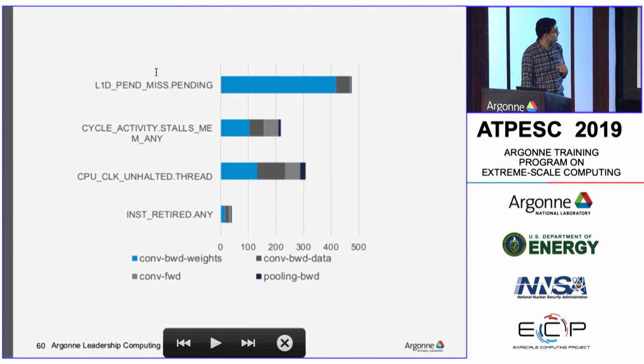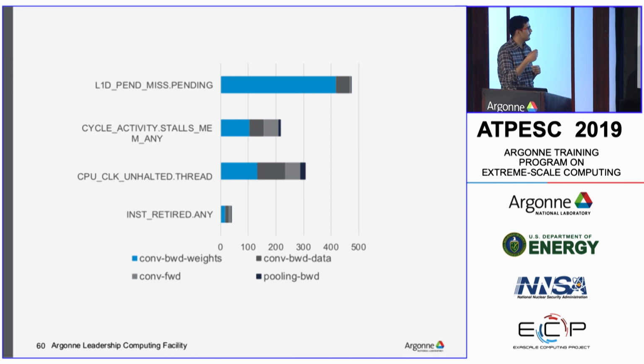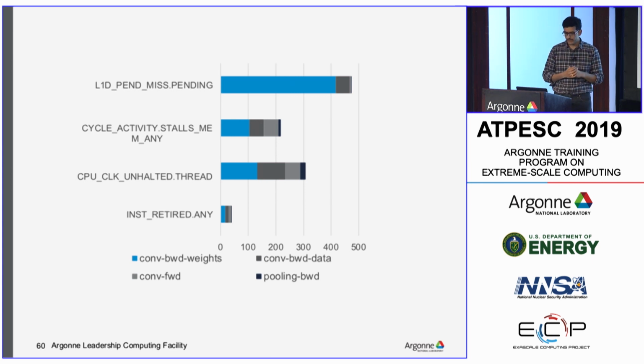The convolution backward with the weights reports a larger value for that, so it means that it's bound by reading the data from the memory. Though it's a convolution operation, it does a lot of computation because of the increased number of weights, so it also has to do lots of reads and writes.